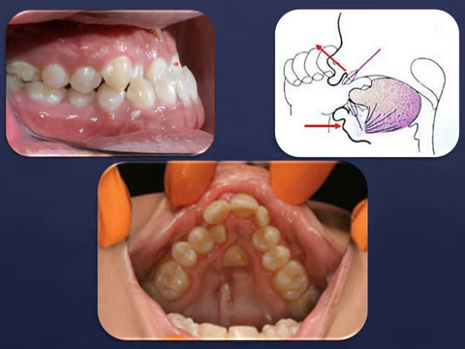This could be due to small maxillary arch or large mandibular arch. In case of thumb sucking, the negative pressure can lead to narrowing of the maxillary arch, leading to the development of crossbite. And in case of cleft palate, the scar tissue restricts the maxillary growth, leading to the narrowing of the arch and developing of crossbite.